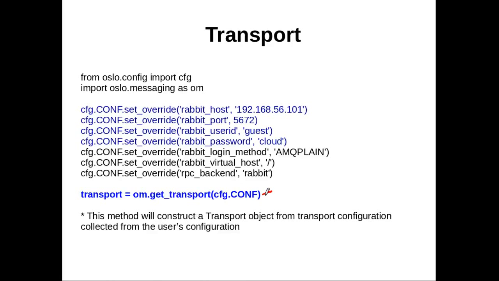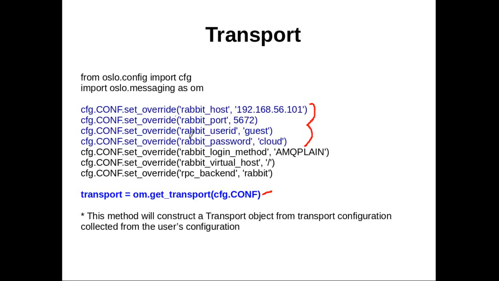So this is an example of how to create a transport object. It's the first line. You can see import oslo.config, then import Oslo messaging, then these are the credentials required to connect to the RabbitMQ host: the IP of the RabbitMQ server, then port number, username and password.